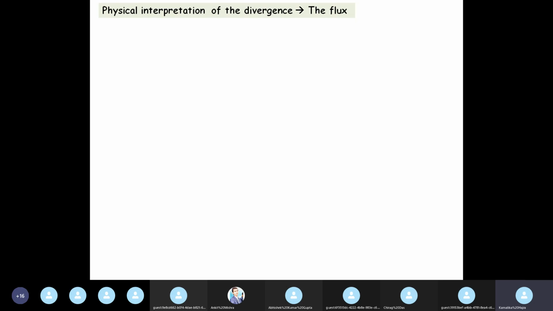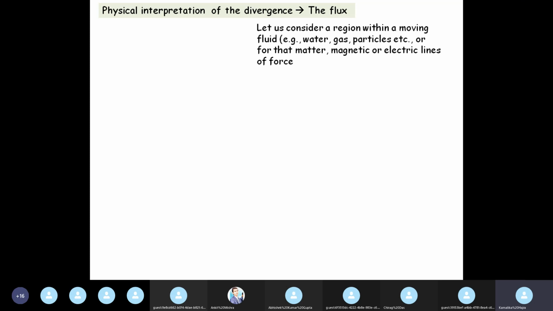Okay, so this is what the term flux means. So we'll see how the divergence of a vector is related to this term, the flux. Okay, and now I'll just try to explain the thing. Keep in mind that all this will not come in your exam.